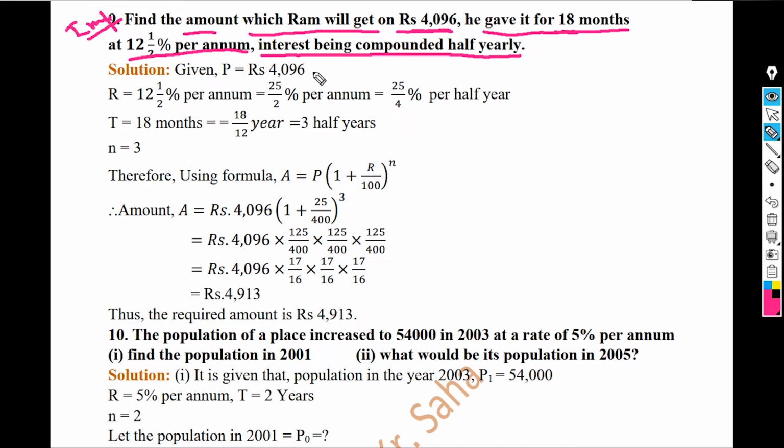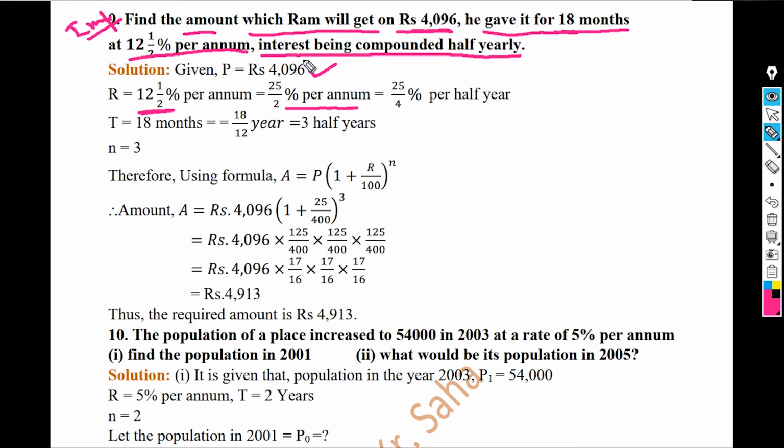Then, as we are writing, write down the given things: principal is rupees 4096 and the rate of interest is 12.5%. Let me convert it to an improper fraction, that is 25 by 2% per annum.